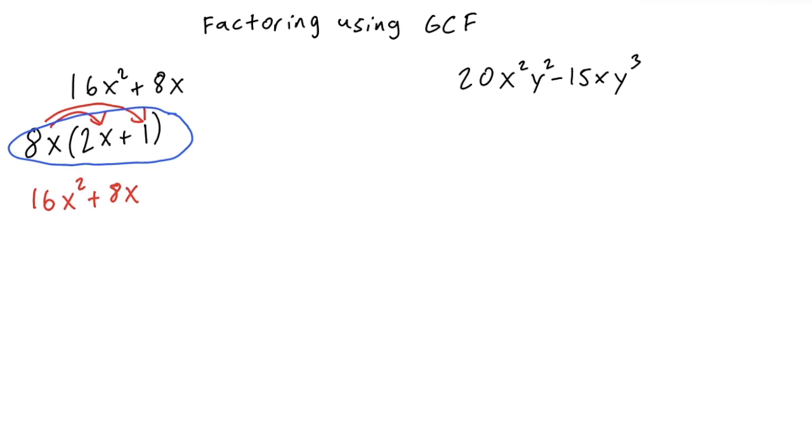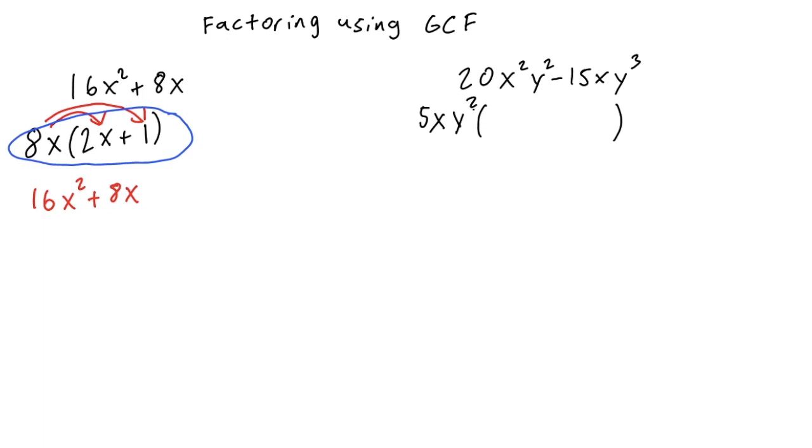So for this next one, let's look at the numbers first. So we have 20 and 15. 20 and 15 can both be divided by 5. We've got x squared and x, so there are 2 x's and 1 x, so we take out an x. And there are 2 y's and 3 y's, y squared and y cubed, so we can take out the smallest amount, so we take out 2 y's, y squared.